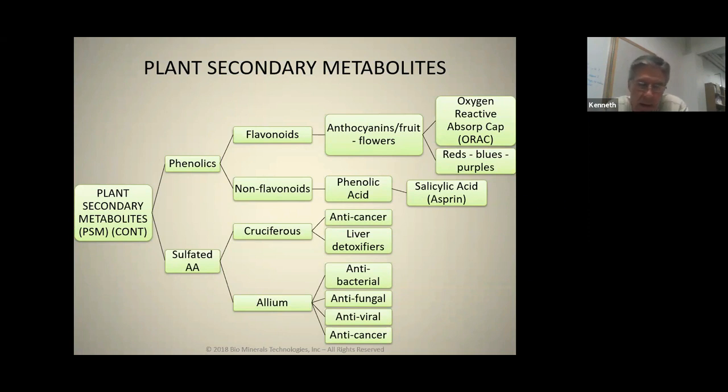And so in general, they're reds, purples, blues. These are the colors in plants that are filled with these type of flavonoids. Then you have sulfonated amino acids, which are your cruciferous vegetables. These are anti-cancer, or they're liver detoxifiers. Your alliums, antibacterial, antifungal, antiviral, anti-cancer.